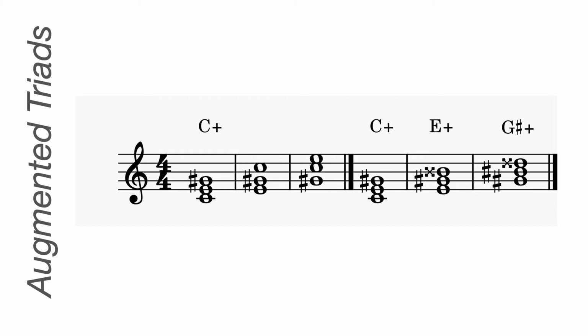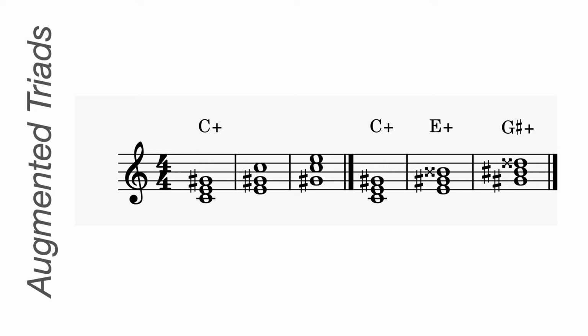So if we look at the inversions of the C augmented triad, C, E, G sharp, right, and we look at those two inversions, and then we just enharmonically change those notes, it turns out that the first inversion of C augmented is E augmented, and the second inversion is G sharp augmented. So now we have this kind of understanding of why augmented triads are so ambiguous, because a C augmented triad is at the same time an E augmented triad and a G sharp augmented triad.